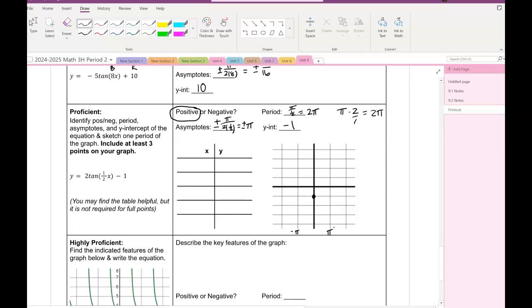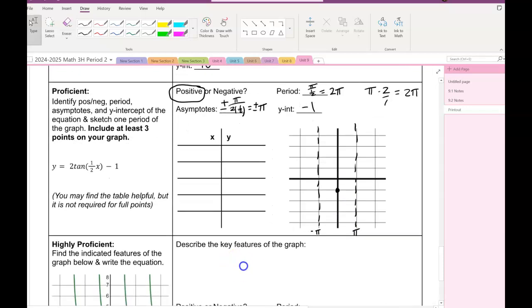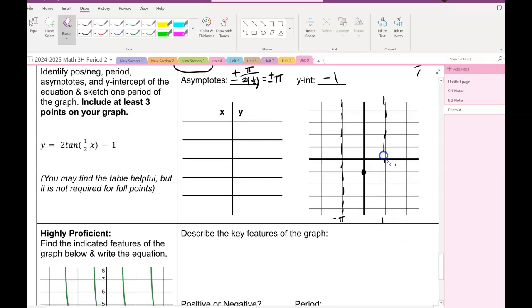All right, for this, if we're doing our 3 points, we need those. So actually, let's change this so we can get those. So this would be negative pi. This would be negative pi halves, and pi. All right, our normal tangent function has our asymptotes here.